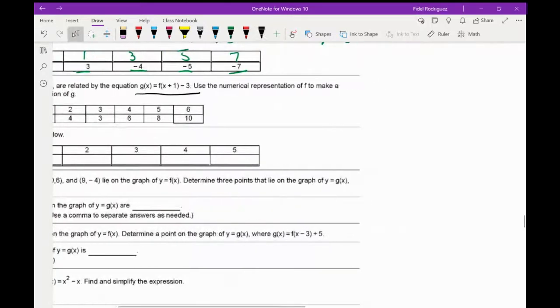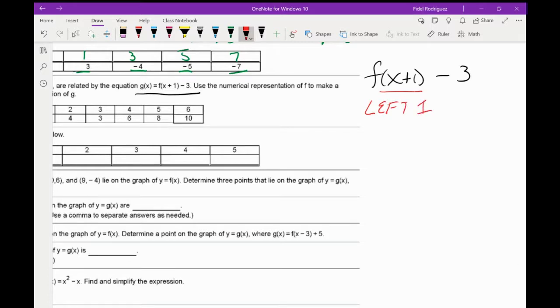I'm just going to write it over here to the side: f of x plus 1 minus 3. So what this part means is, if it's a +1, I'm actually going to move all my x values to the left 1 space. And if this is a -3, then we're going to go down 3 spaces.